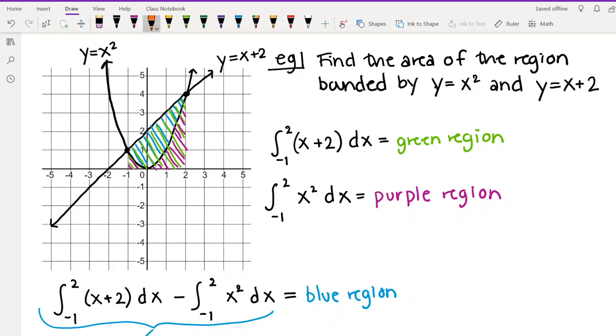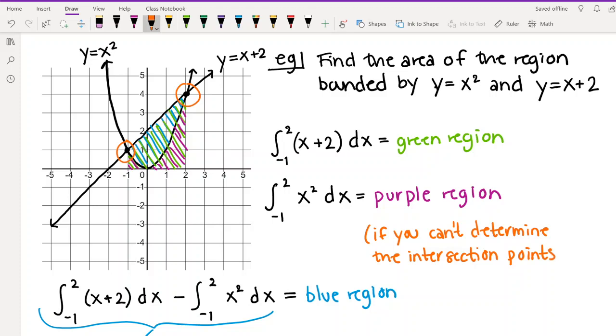So I'll circle these bounds for a second. So if you can't determine the intersection points from your graph, like maybe they're not nice integer values, well, then you would want to find them by setting your two equations equal to each other.